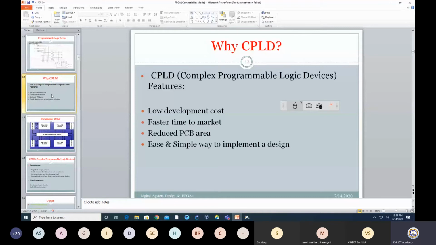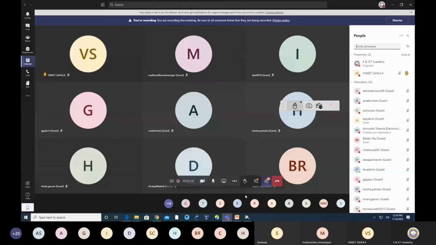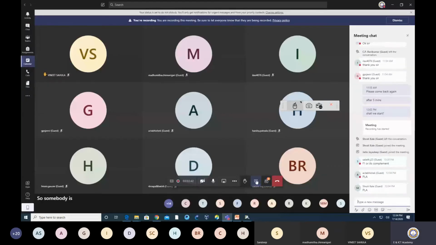Now the third one is the PLA, where you have both arrays programmable. Now the question is: which of the SPLDs do you consider the most useful? Either PROM, PAL or PLA. Which one is the most useful? What is your say? Somebody is giving the answer.